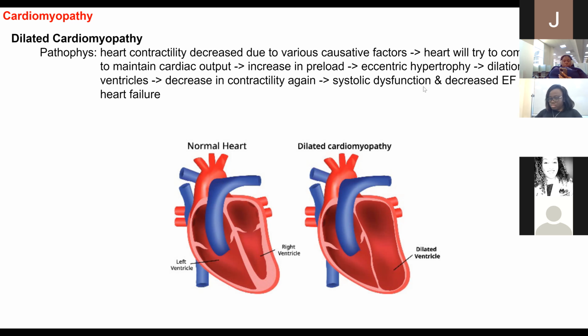Your body doesn't like that, so it's going to try to do anything to maintain your cardiac output. And that's why this ends up getting dilated. You're going to have a lot of volume left over in your heart because now it's not being pumped out as much, right?